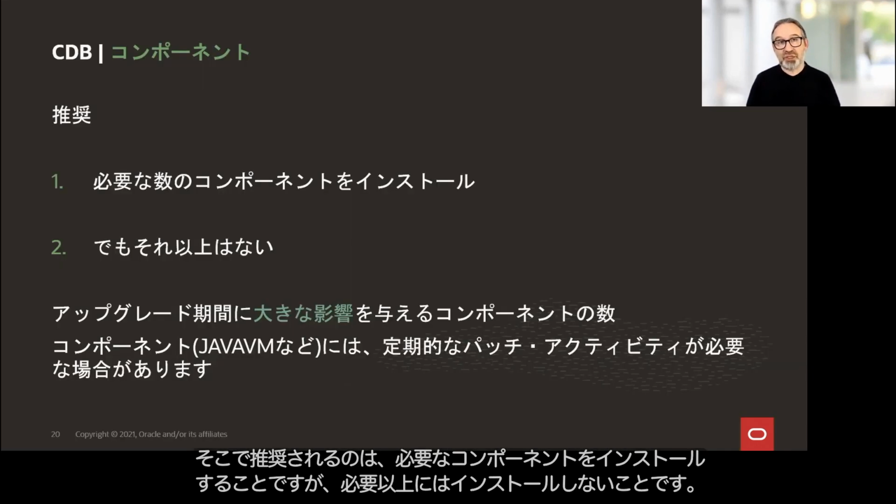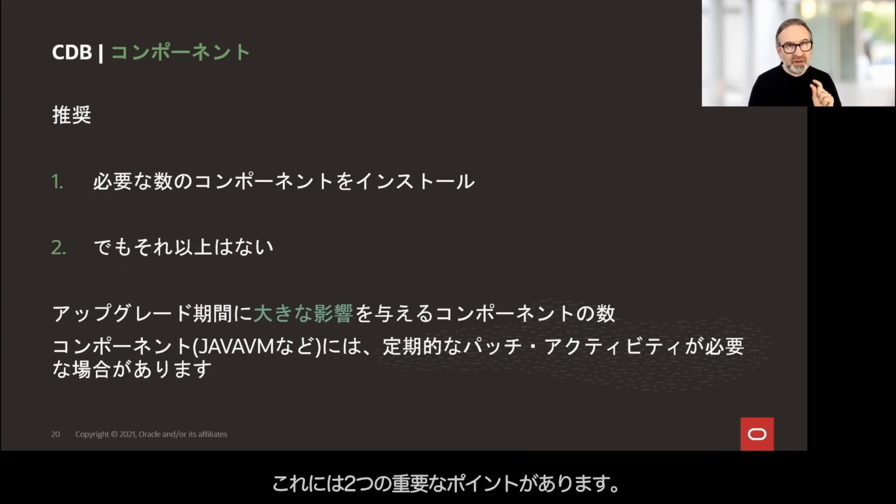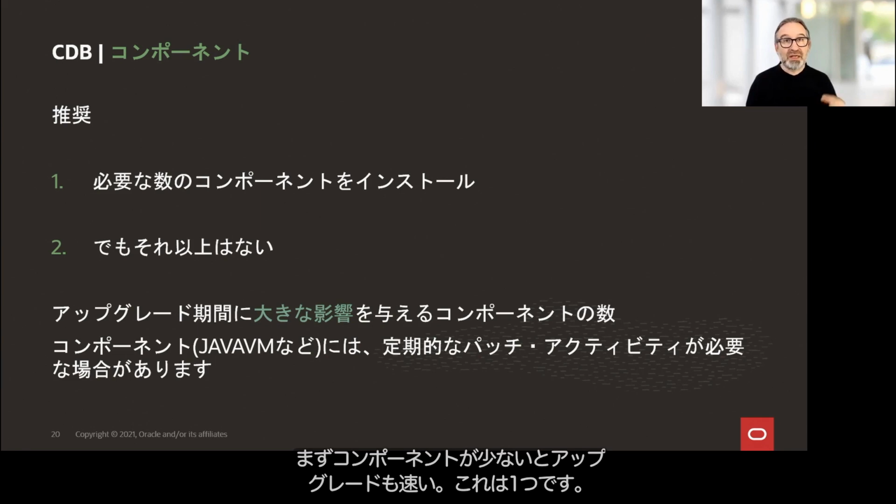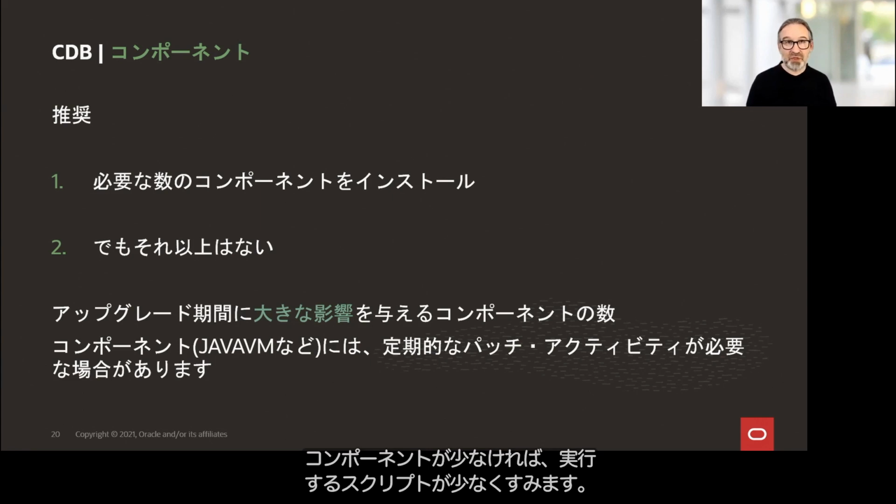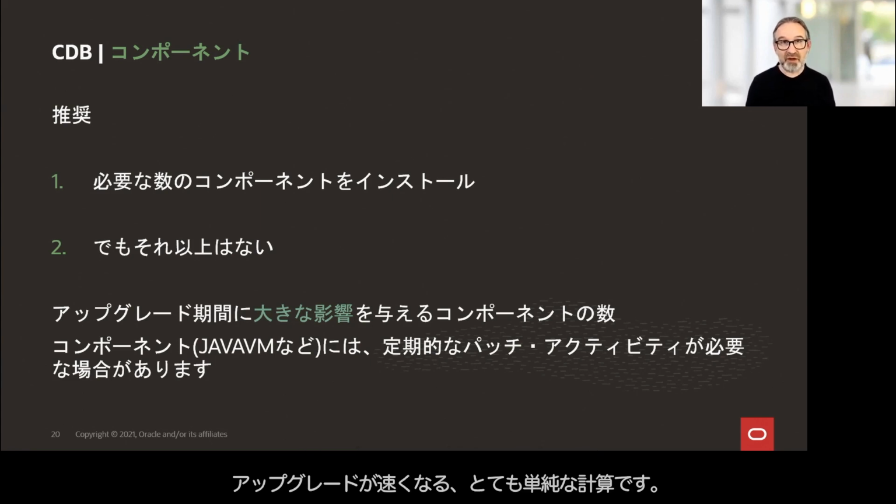So recommendation is install as many components as required, but not more than necessary. This has two important aspects. First of all, less components mean faster upgrades. That's one thing. Less components mean less scripts to run, upgrade runs faster. Very simple math.